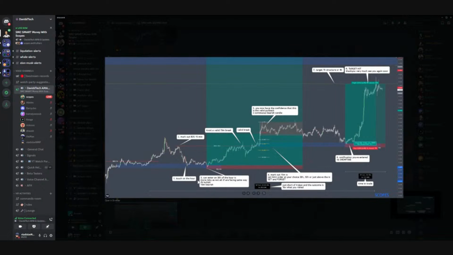So this one, number 3, you can enter on 30% of the hourly IC. It's more risky as not all the time frames are facing the same way. Obviously, the 1 hour is bullish, this is a pullback, and then the 15 minutes is bearish. So this would just be a straight line up, a straight line down if you're on an hourly, but obviously I'm on the 15-minute here.